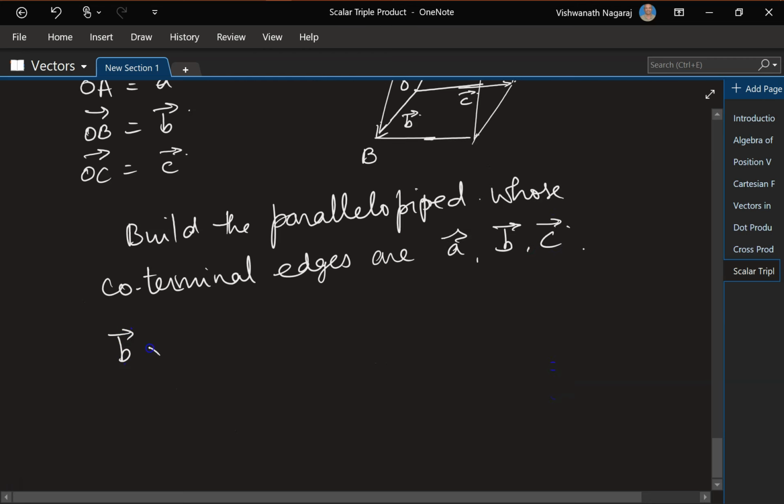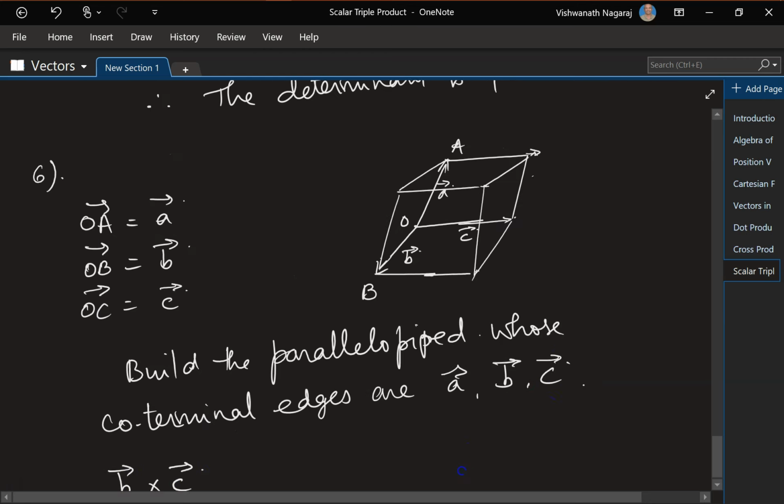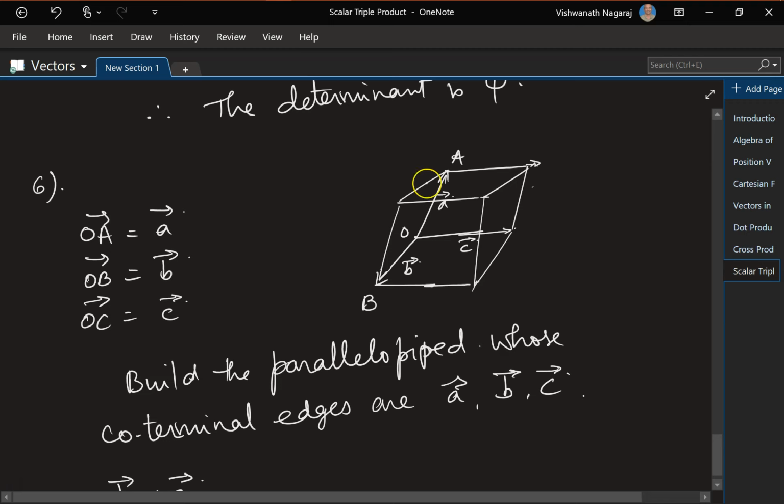Now B cross C would be what? B cross C would be the perpendicular to both B and C. Right?